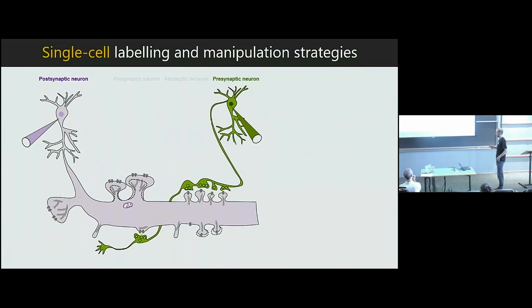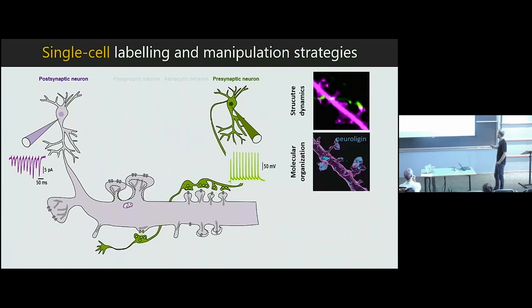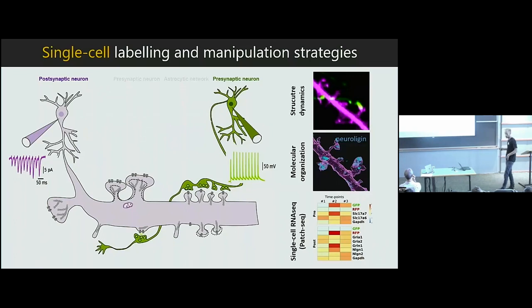And this is really the effort we are trying to make in the lab: to correlate synaptic parameters through electrophysiological recordings, and at the same time to get insight into the structural dynamics of the interaction made between these two cells, to get insights into the molecular organization using high resolution microscopy, in this case expansion microscopy, and also to get some correlative results on gene expression, so how activity can affect gene expression in each of the two neurons. So we are implementing with one of my colleagues in Bordeaux the patch-seq technique.